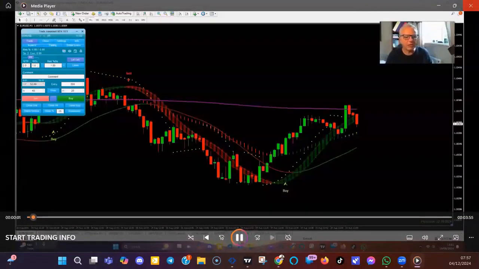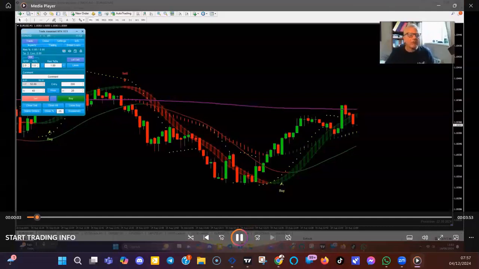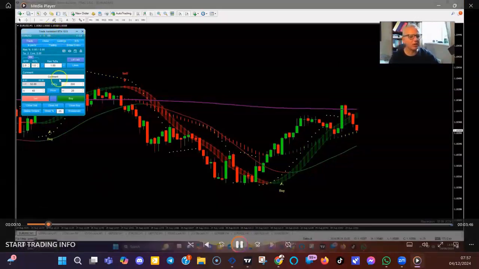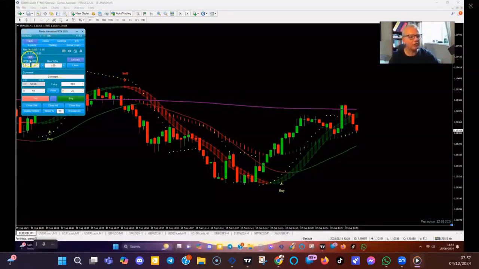Okay, so here is how to use our indicators. First, we go to our MT4 or MT5. Make sure you've got the trade assistant running and you've got the risk to reward in purple. So you change it to purple, the lock calc in purple, and you've got that all important 1% risk there.